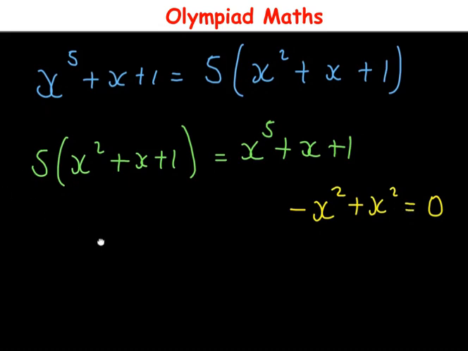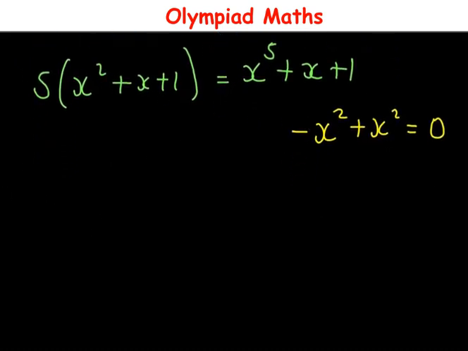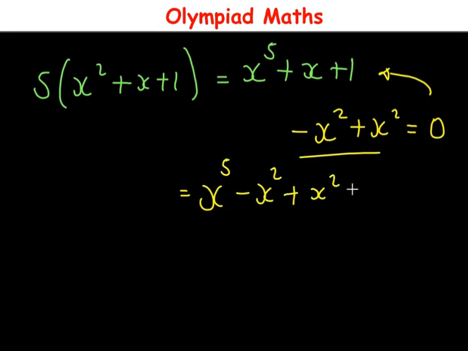So in this case, we are going to insert this minus x^2 plus x^2 into the right hand side. So this becomes x^5, then minus x^2 plus x^2, then plus x plus 1.